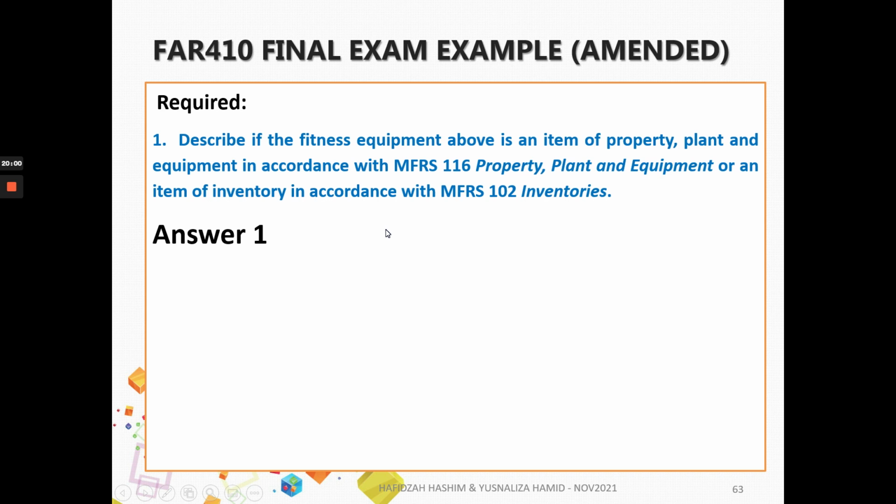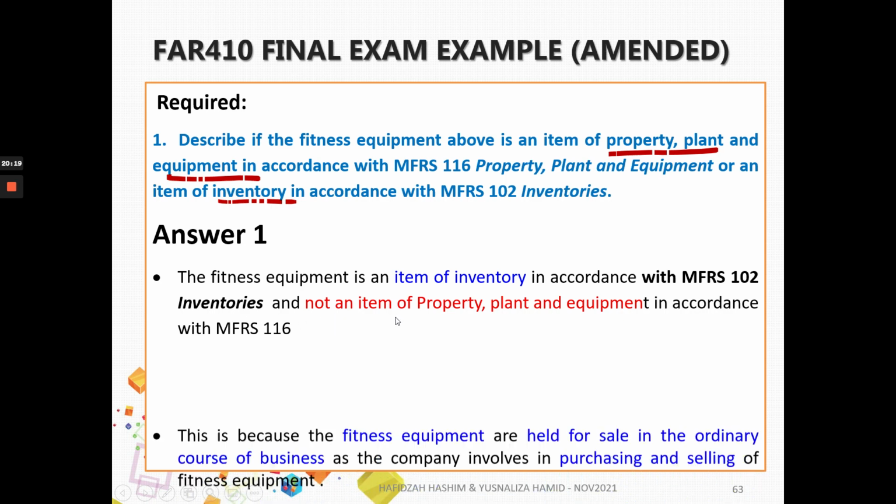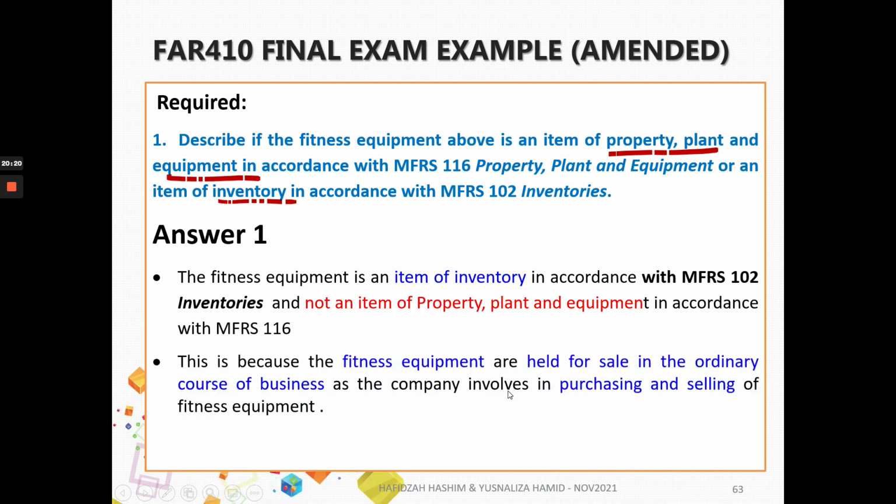You have to describe the fitness equipment. So you need to decide whether it is a PPE or an inventory. You know that it was held for sale in the ordinary course of business. So that is an item of inventory, not a PPE. That is because they are held for sale in the ordinary course of business.